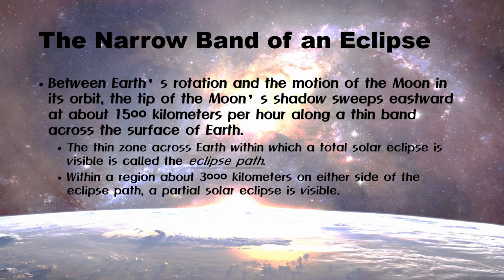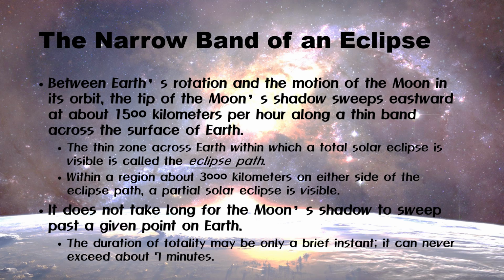Now, if we expand out to a region of 3,000 kilometers on either side of that eclipse path, we get a partial solar eclipse. So if you were in that area, 3,000 kilometers on either side of that path, you could still see some kind of solar eclipse. You may not get the total darkness, but you'll at least see something.